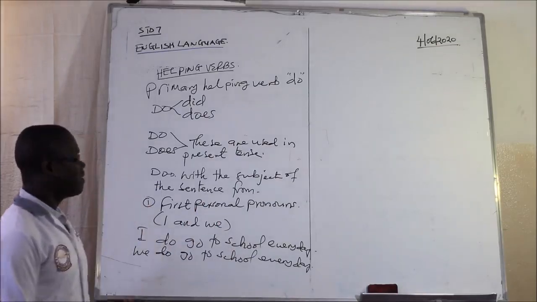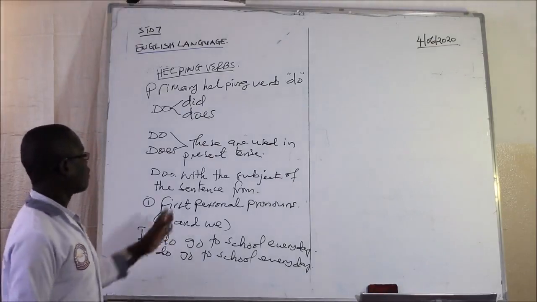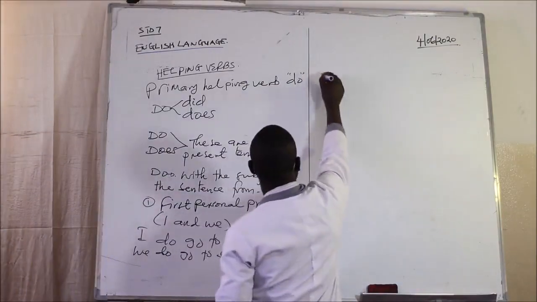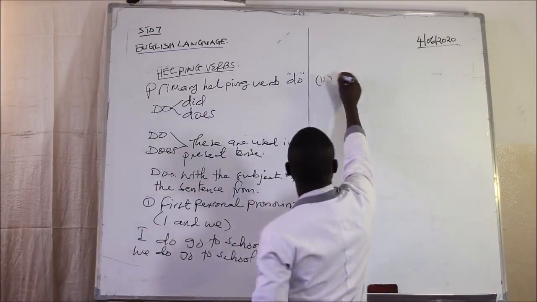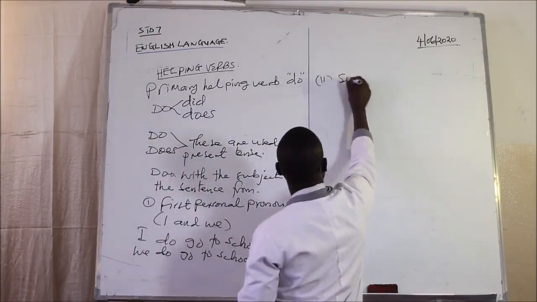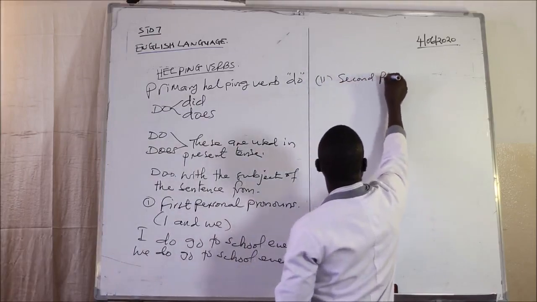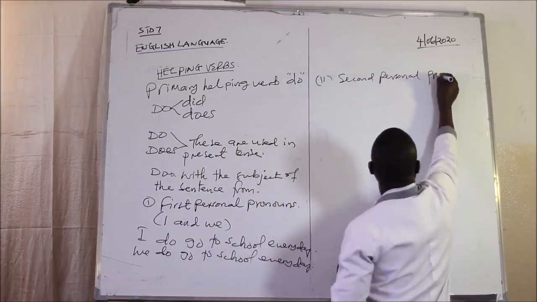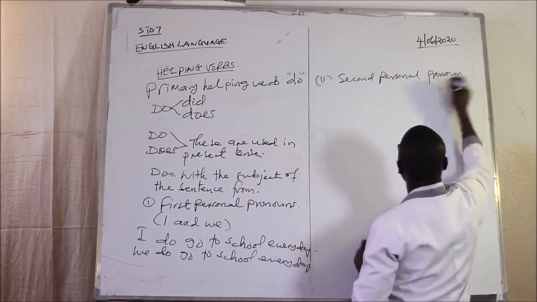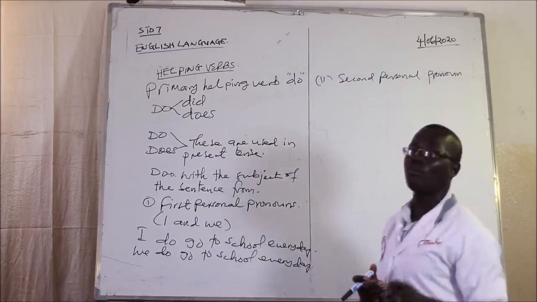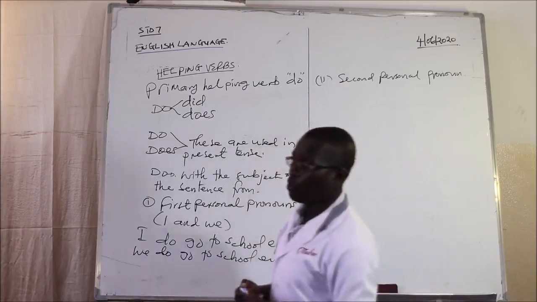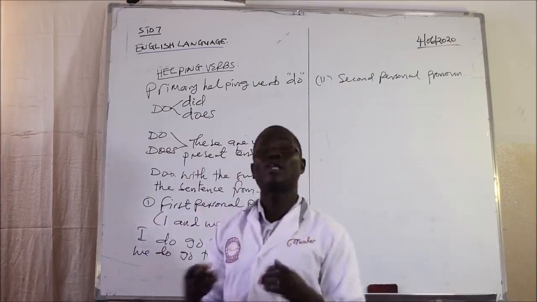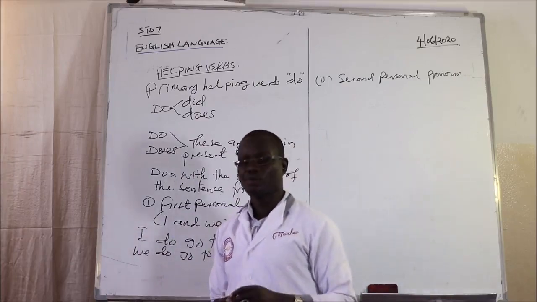Now the first subject that we use with do is subjects from first personal pronoun. The second subject that we use with do is the subject from second personal pronoun. Here we have got only one personal pronoun representing second person. This is a pronoun which represents a person being spoken to.